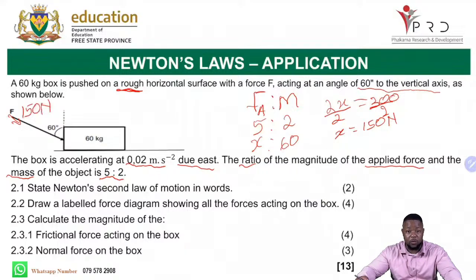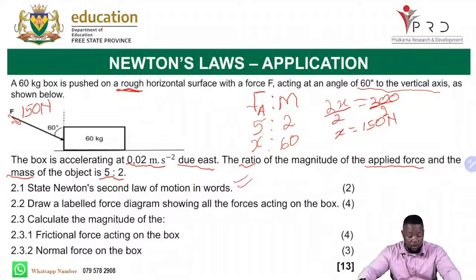You should be able to state this law from the definitions provided in the examination guideline 2021: when a net force acts on a body, it will accelerate in the direction of the net force with an acceleration that is directly proportional to the net force and inversely proportional to the mass of the object. If this definition is stated as it appears in the examination guideline, the 2 marks should be awarded to you.